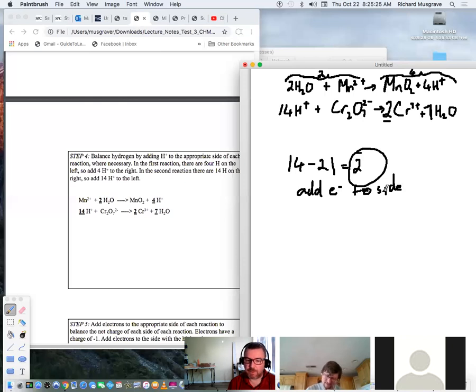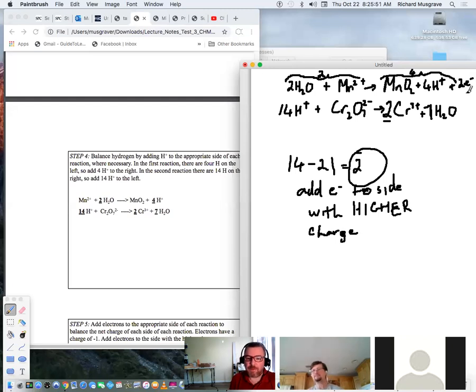That's because electrons are negatively charged, right? So since the difference between those is 2, I'm going to add 2 electrons over here.